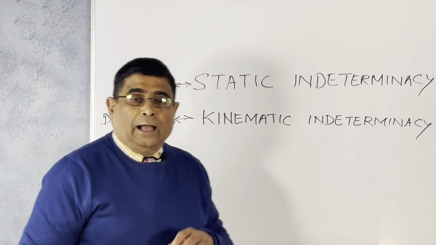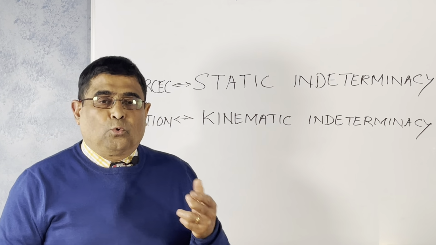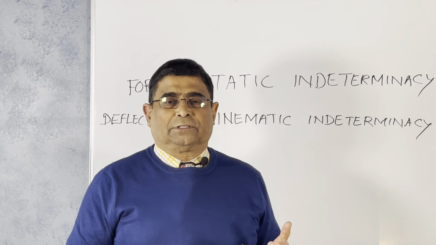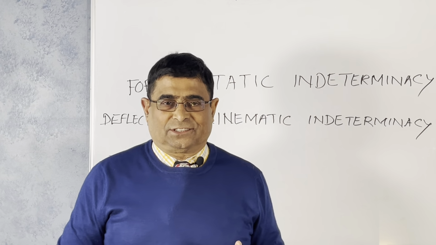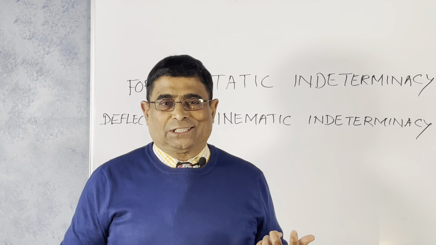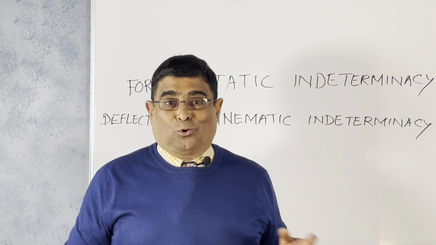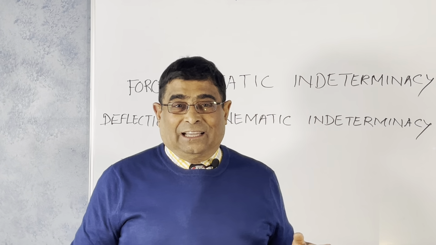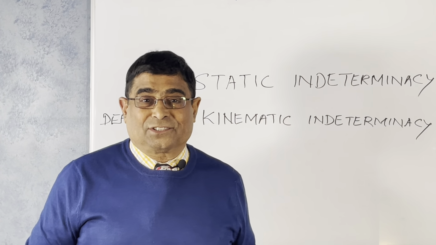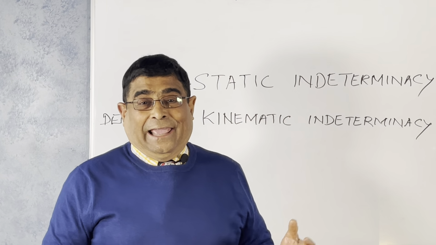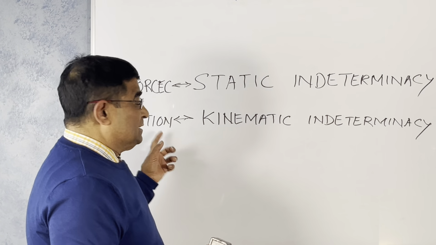So, I told you earlier, there are two kinds of procedure to find out the unknowns in a structure. One is force, which is unknown forces in the members and the reactions developed in the structure. The other one is the deflection.